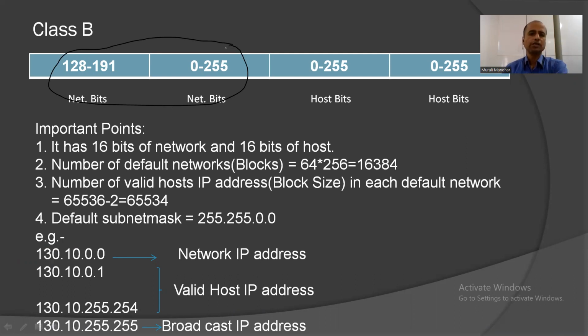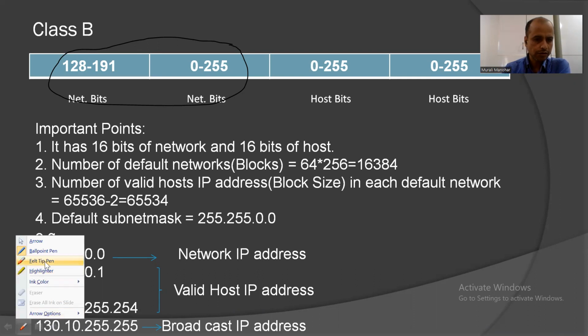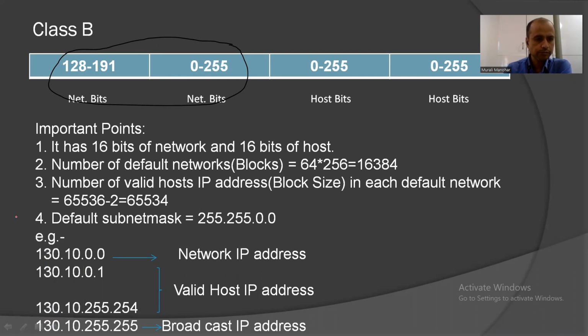Okay. So if we are using these two groups to represent different networks, it means we are using a total of 16 bits for representation of the network.